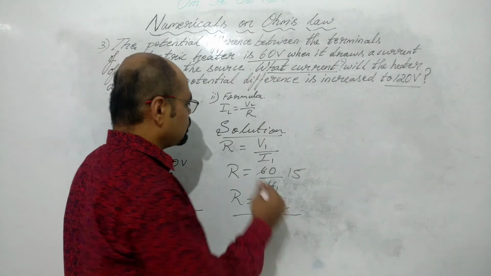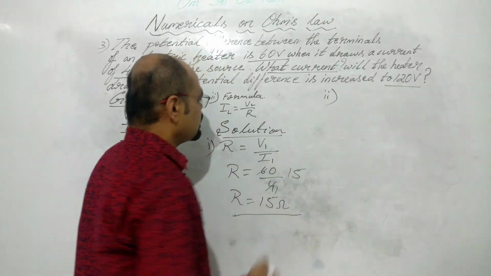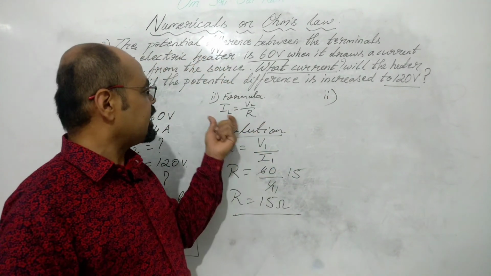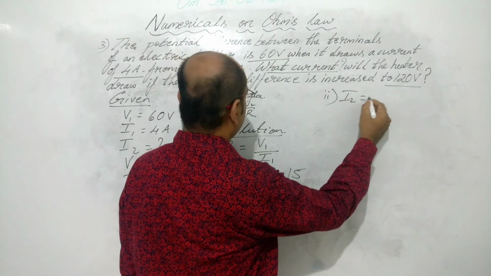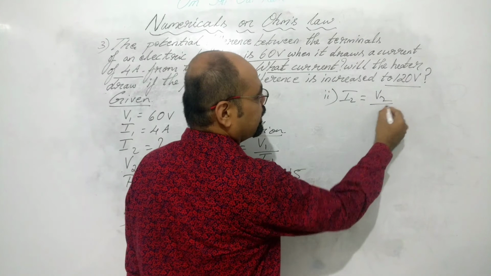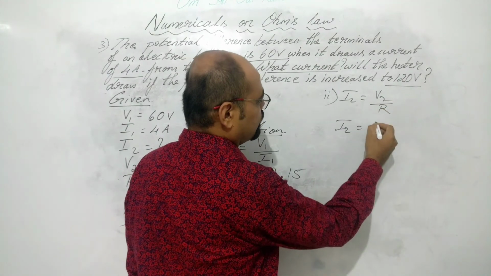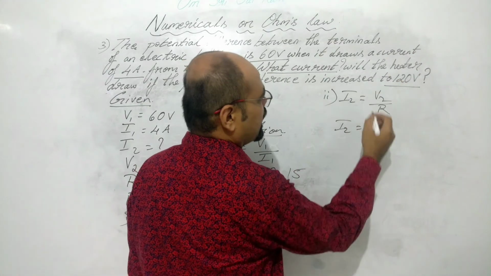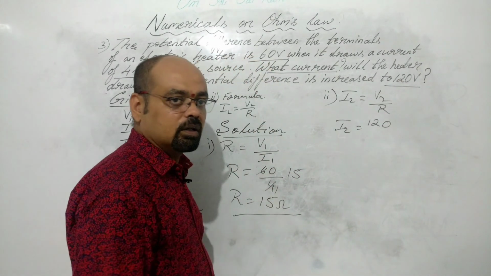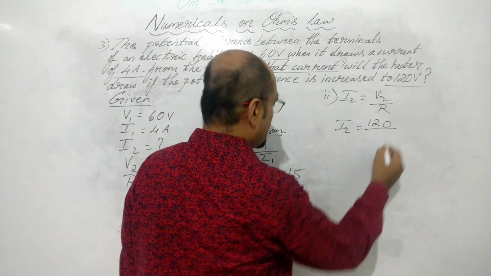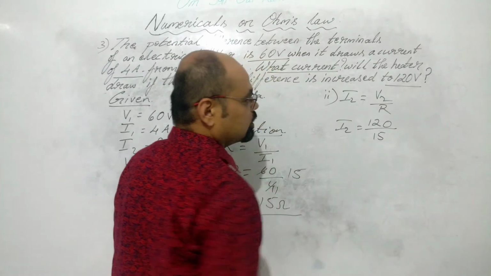Now moving on to the second solution. What are we supposed to find here? I2. So I2 is equal to V2 by R. V2 is 120 volts divided by R, which we have found to be 15.